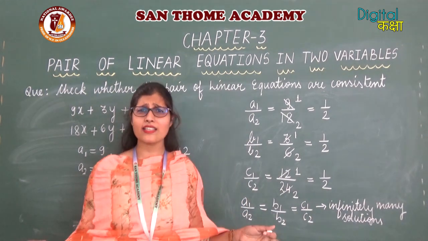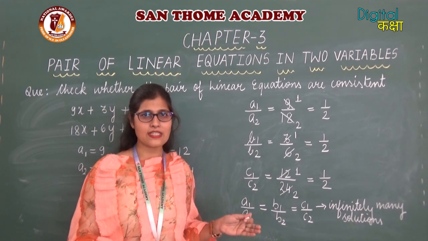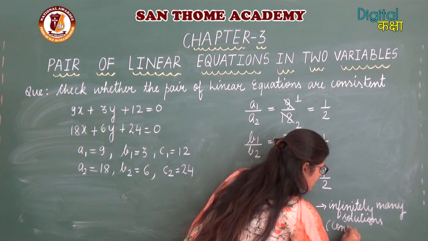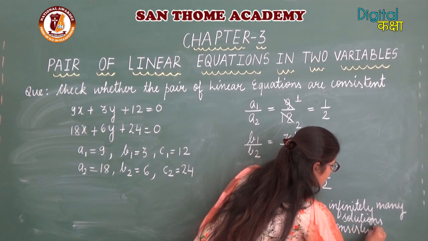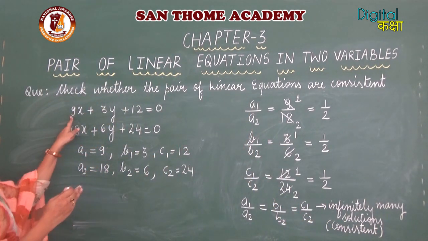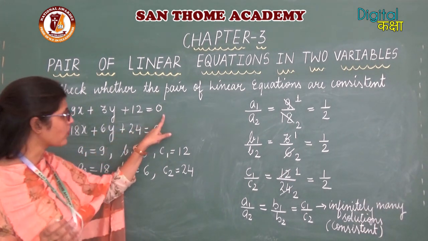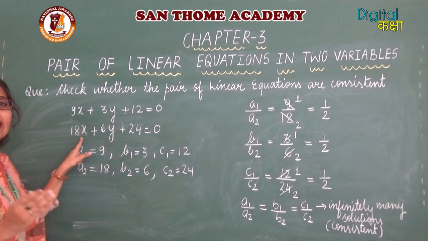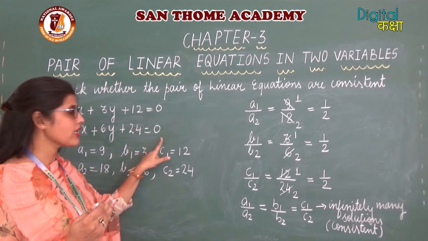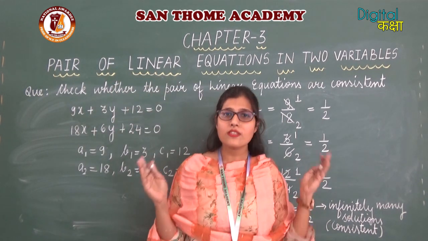And when we are getting many solutions, then we call such pair of equations consistent. So I can say that at the last, the equations 9x plus 3y plus 12 equals 0 and 18x plus 6y plus 24 equals 0 give us a consistent type of solution.